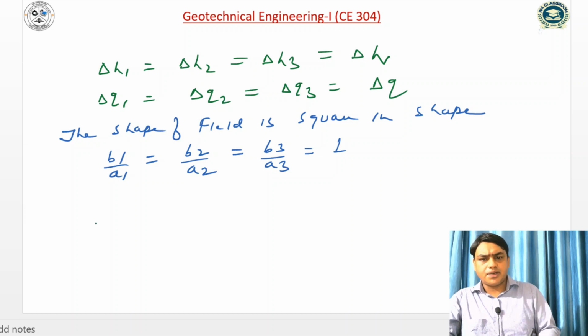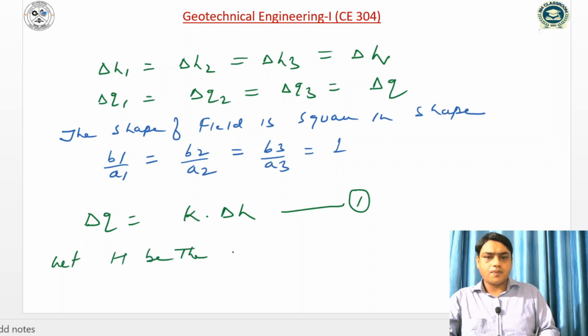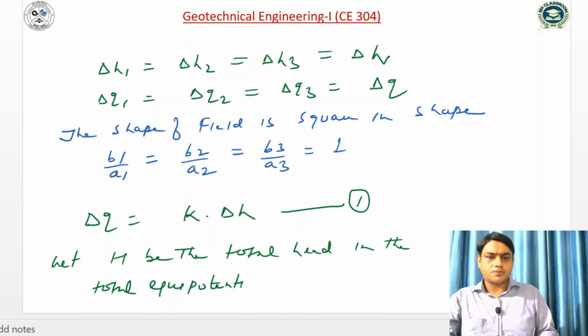Similarly, if I write, delta Q can be written as K into delta H. Let us assume this is our equation first. Let capital H be the total head in the total equipotential drop ND.